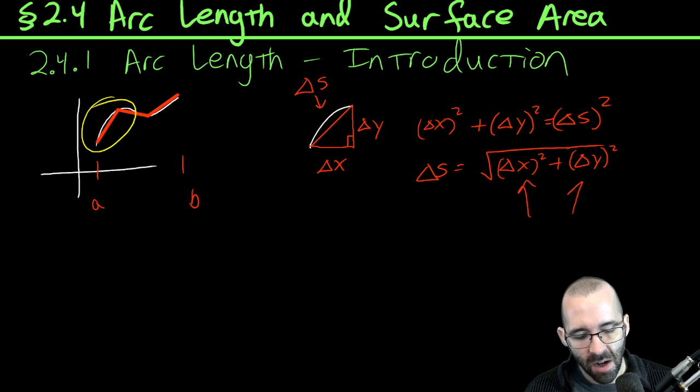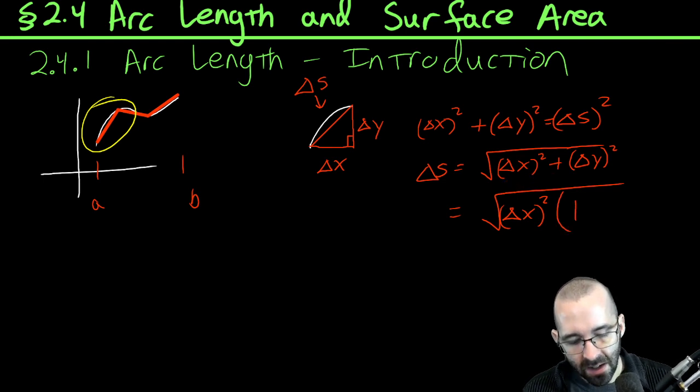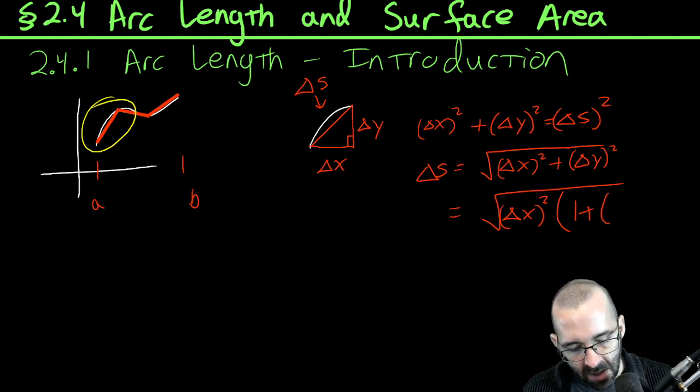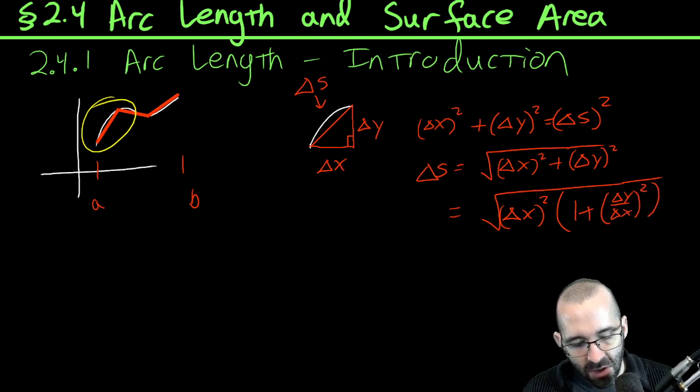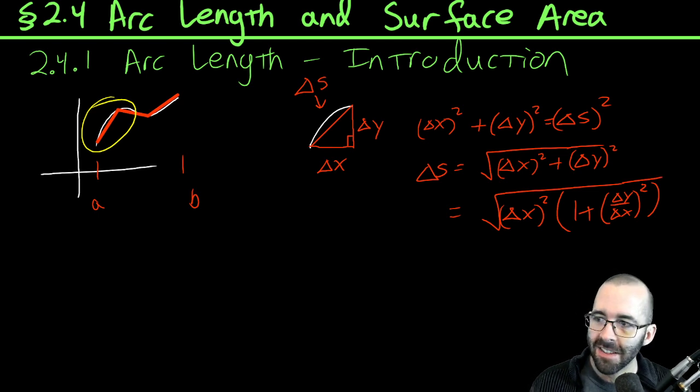I don't like having two quantities here. I'm going to factor out a delta x squared from everything. I'll tell you why later, but if I factor out a delta x squared, what we're left with is just a 1 when we factor it out of this guy. And this one didn't have it, so to compensate, we're going to write this as delta y over delta x, a change in y divided by a change in x.